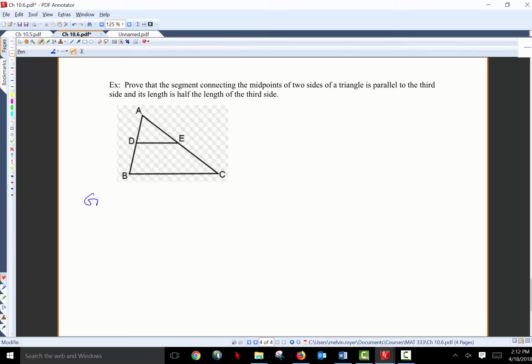So let's write down what I just said, that we are given triangle ABC. So let D and E be the midpoints of segments AB and AC.